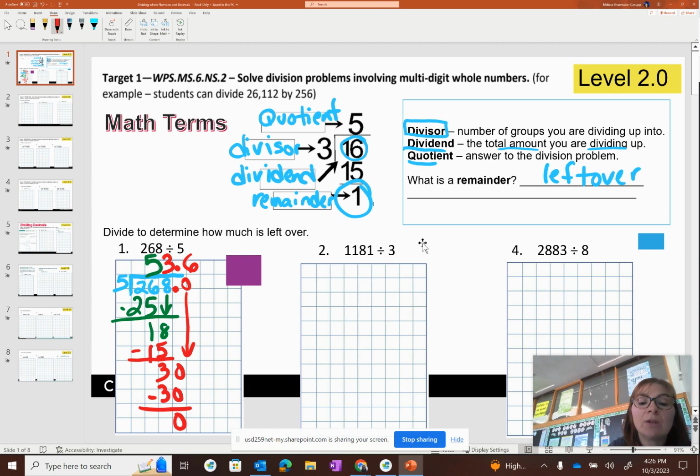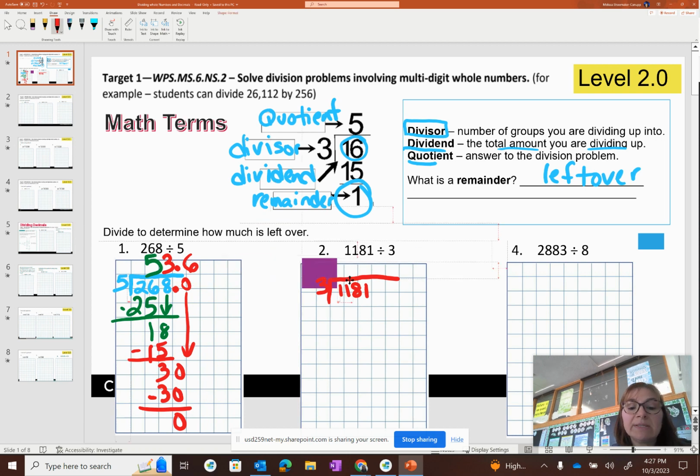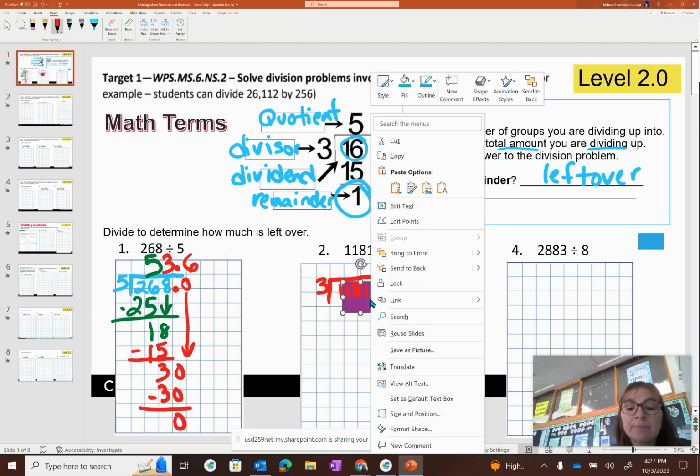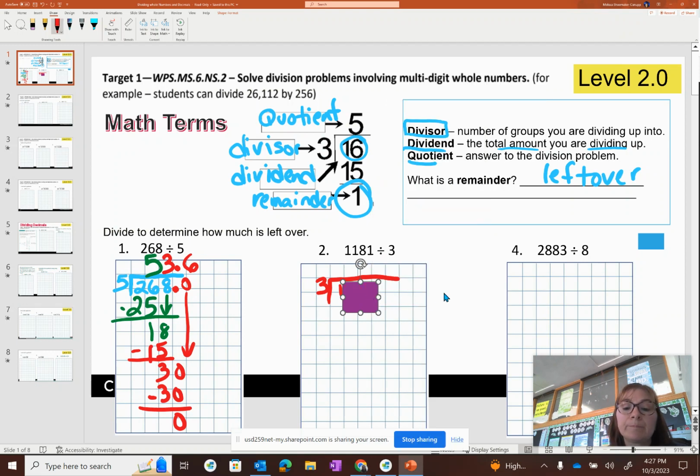Here's our next one. We're going to put 3 right here. 1, 1, 8, 1. I'm going to grab my sticky note and cover these up. Okay, can I make any groups of 3 with the number 1? No. Let's move it over.